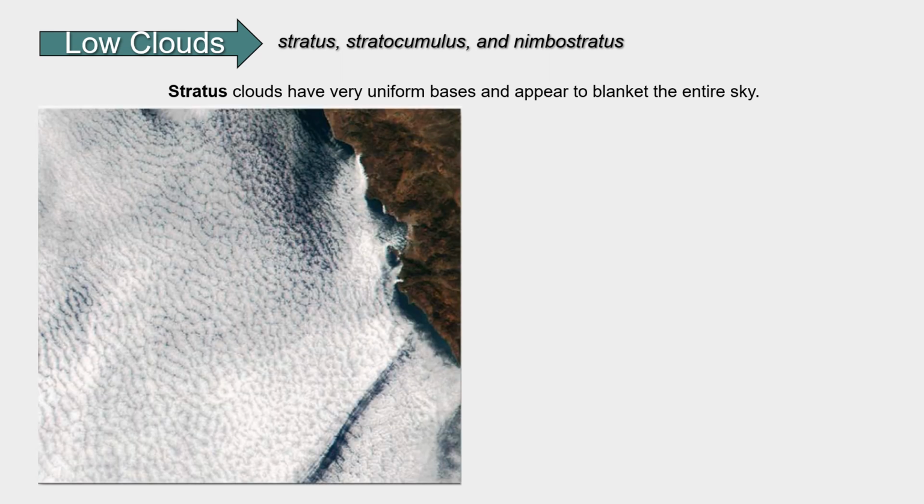In this picture is a satellite view of a large bank of stratocumulus clouds over the Pacific Ocean, just south of San Diego, California. These are the stratocumulus clouds that commonly form over mid-latitude oceans.